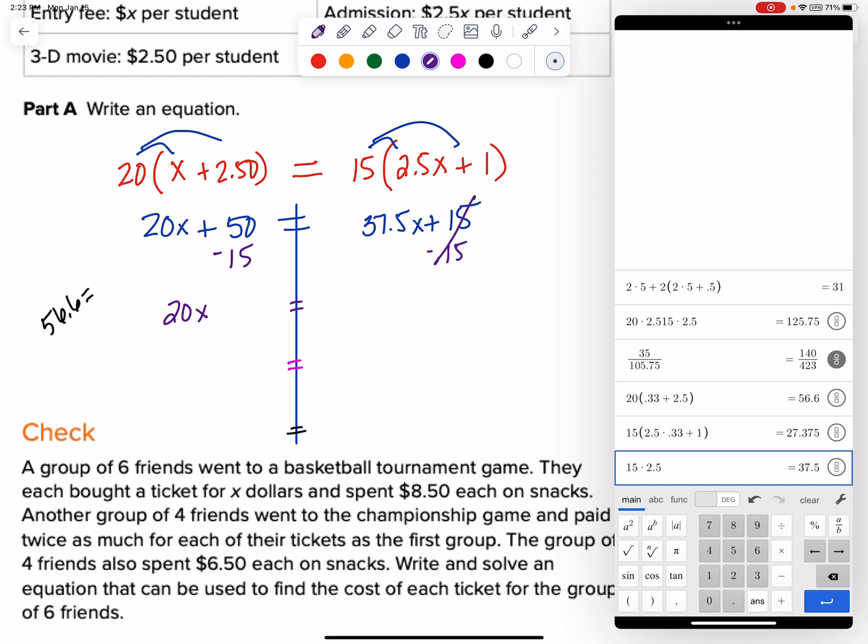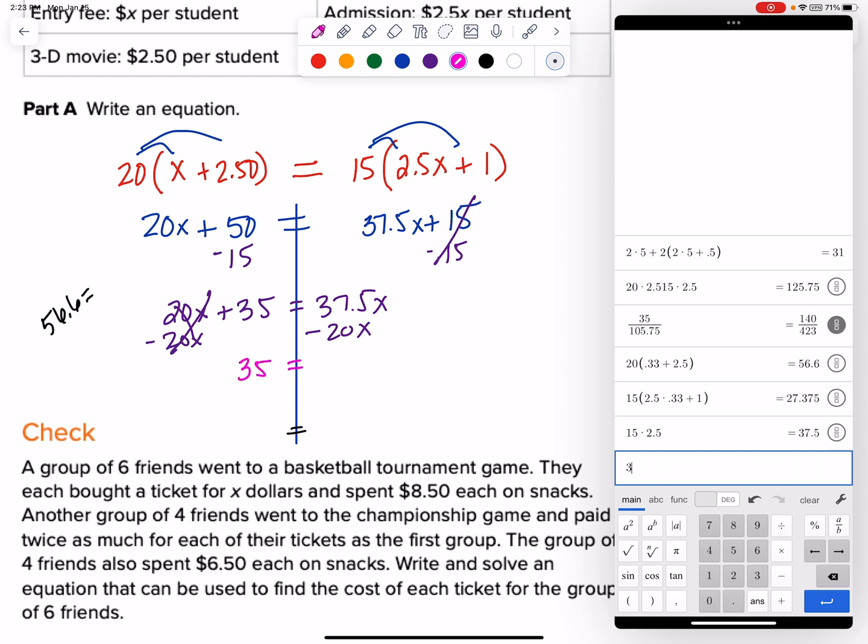So we have 20x plus 35 equals 37.5x. Now we'll go ahead and subtract 20x, subtract 20x. That goes away, and we're left with 35 equals 37.5 minus 20 is 17.5x.